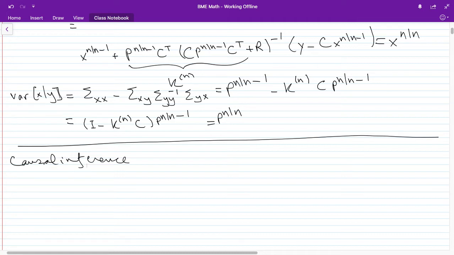Up until now, we've been saying that there's a particular x and y relationship. But what I'm going to do now is say, well, maybe there's more than one possibility for the relationships between x and y. And in that case, I want to know how I should proceed when I'm not sure what my generative model is.